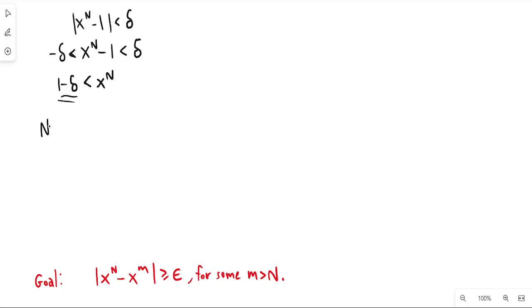Okay, so the next step, choose m greater than big N so that x to the m is less than delta. And again, delta is just any positive number, but we'll choose a specific delta pretty soon.